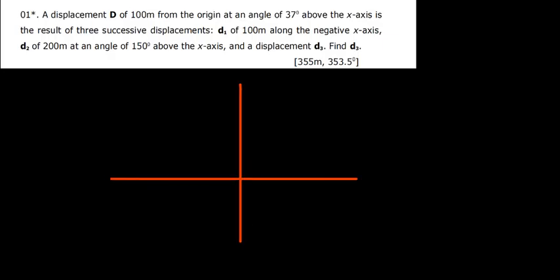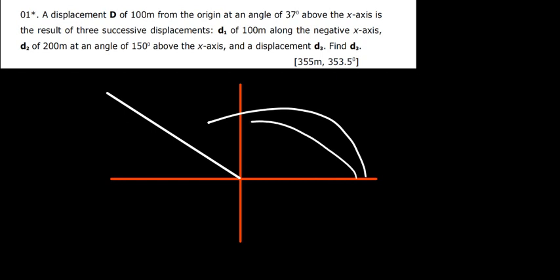What do I mean? If this is my xy plane, any angle we are going to talk about has to come from this line to the point of interest. If I have my vector at that point, I need to get the angle from this line all the way to that vector. That is very, very important.